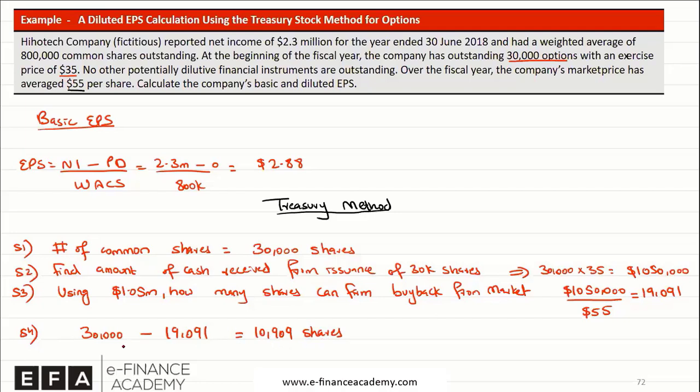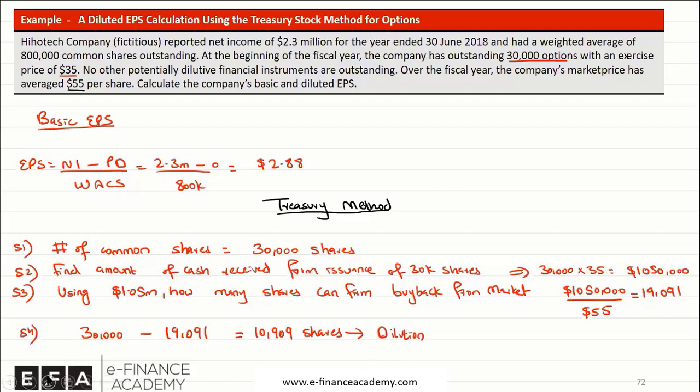I repeat again, the amount raised from 30,000 shares, which is 1.05 million, is equivalent to issuance of 19,091 shares in the market. So for the rest of the shares, it is as if the firm did not get a single dollar, hence they will cause dilution.